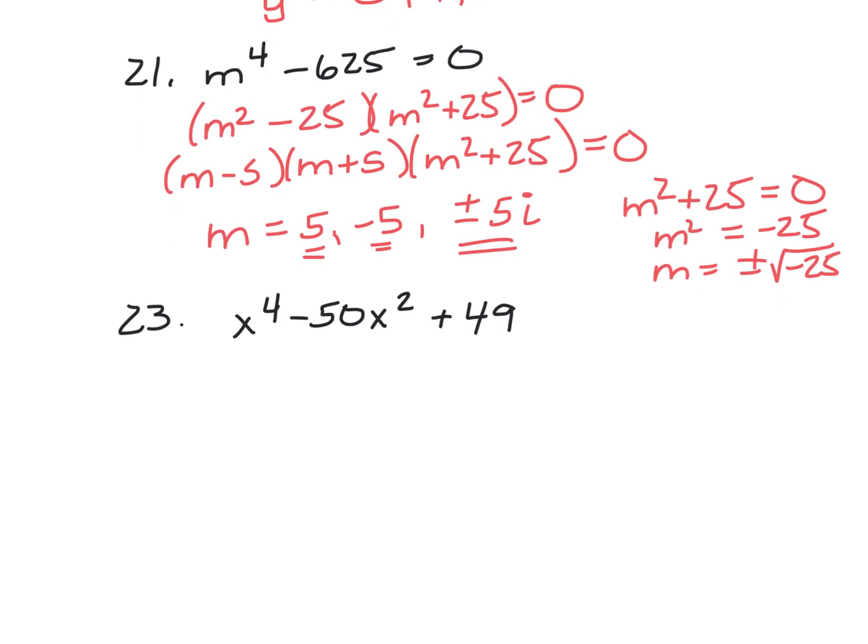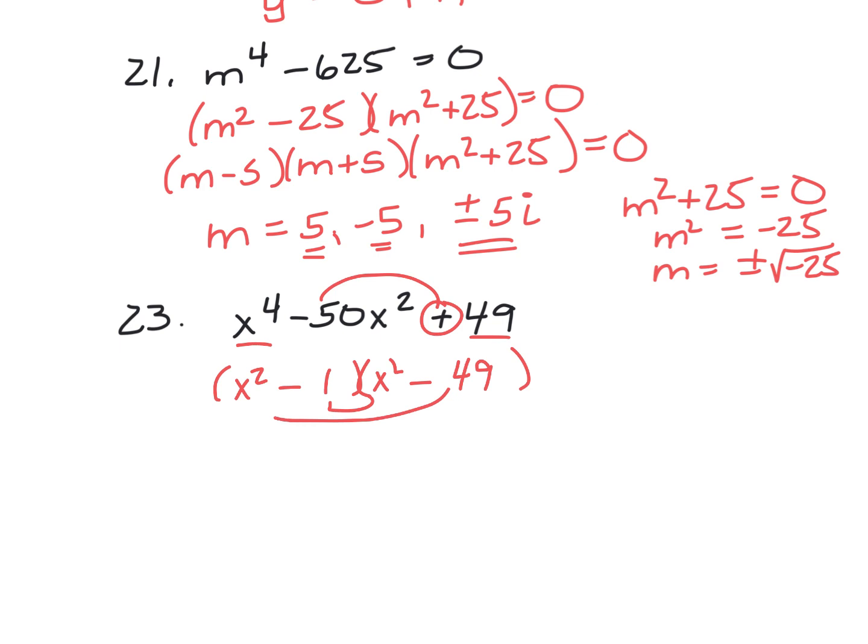Number 23 could potentially be a perfect square trinomial, but I don't think 7 and 7 is going to give you 50 in any way. So I believe this is also trial and error. So I've got x squared and x squared. Both my signs have to be negative. And I believe if we have 1 and 49 in here, it would work.